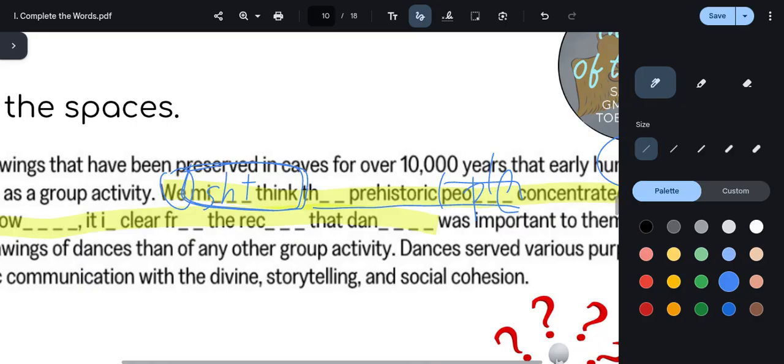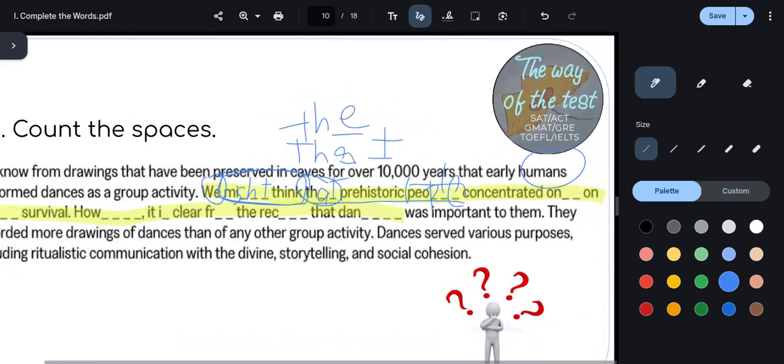Unless we are toddlers, we create complete sentences by saying we believe my table is round, my dog is big, that book is blue, etc. So we don't say we think prehistoric people, right? We think the prehistoric people, or in this case, we think that prehistoric people. And this is a reason why you have to count spaces, because if you have the space versus that space, this can be just the prehistoric people versus that prehistoric people.